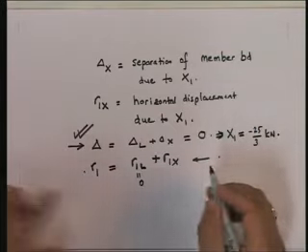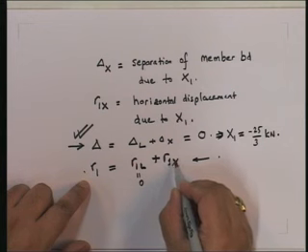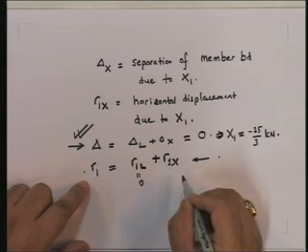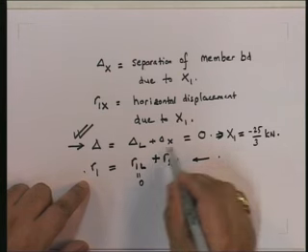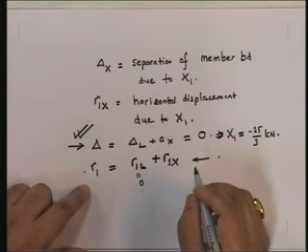And since R1L turns out to be 0, R1 is only due to R1x, and that is not affected by the flexible support. So you may well ask what does the flexible support do for this particular problem? Well, actually, all the things that we have found out, it does not affect.